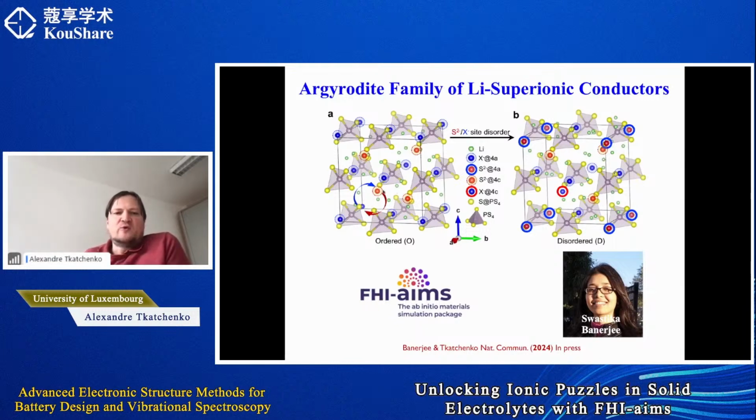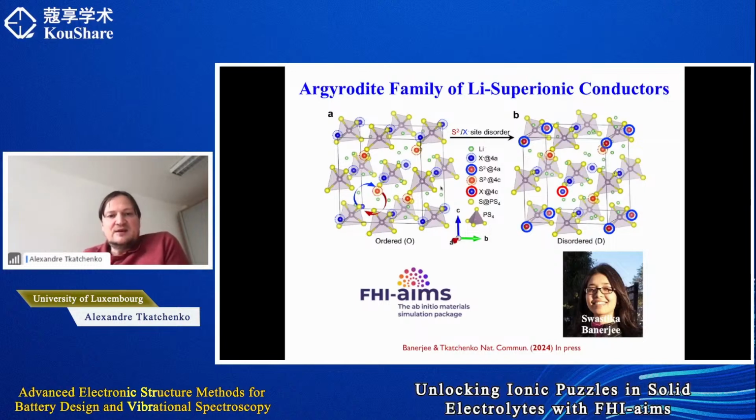These materials often alternate between ordered and disordered structures, so they can be disordered between the halogens and the sulfur atoms, and this just makes the chemical space even more complicated. We would like to understand this chemical space, and in particular, what level of theory is required to accurately model the stability and mobility of these materials.